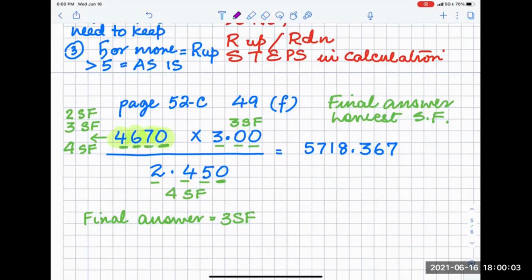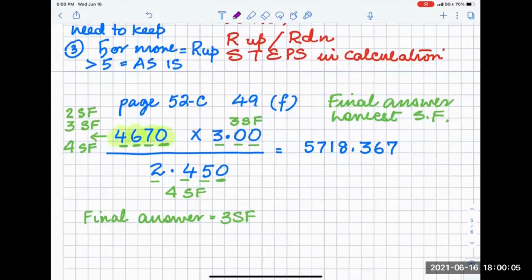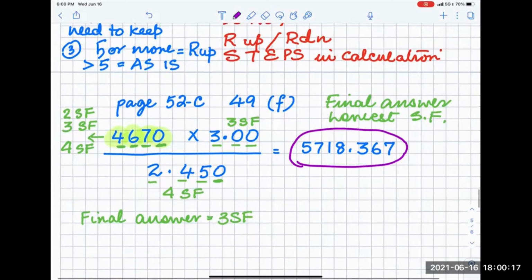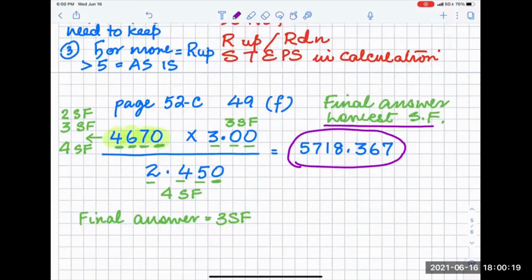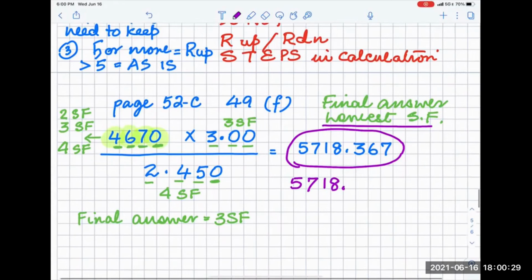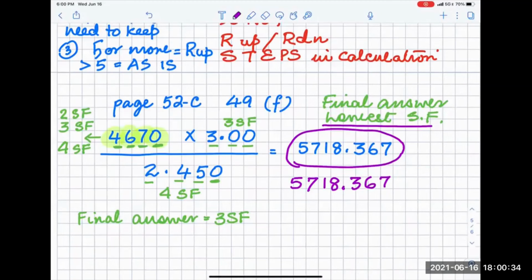Now the final answer: carry out the multiplication, expressing your answer to the correct number of significant figures. They haven't mentioned it here, but the only way you can get the correct number of significant figures is to convert this to scientific notation. So 5718.367, 1, 2, and 3.